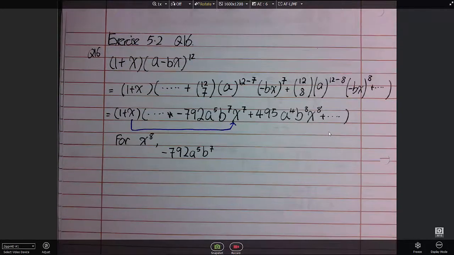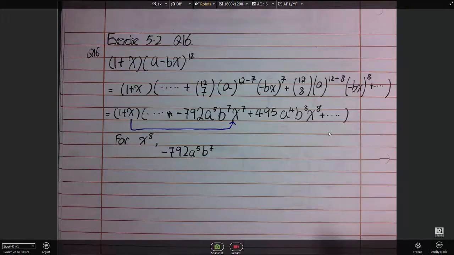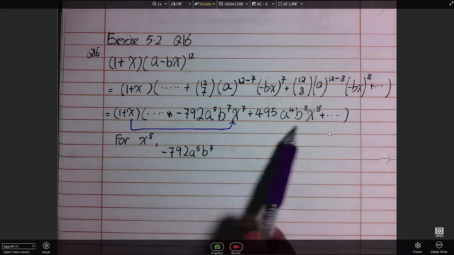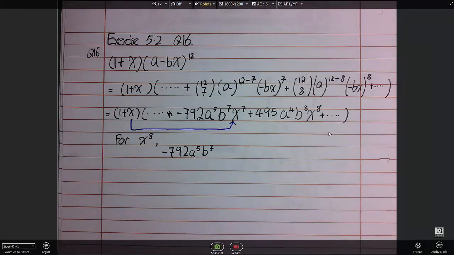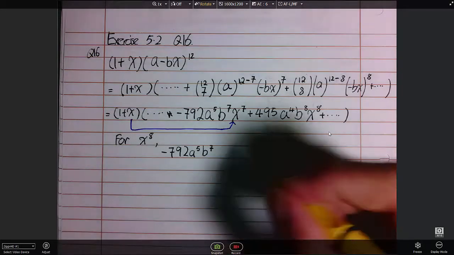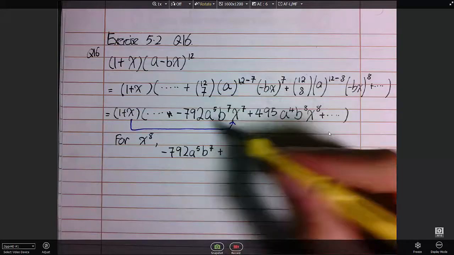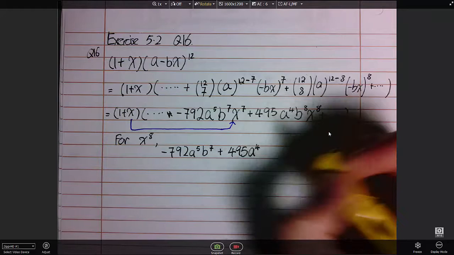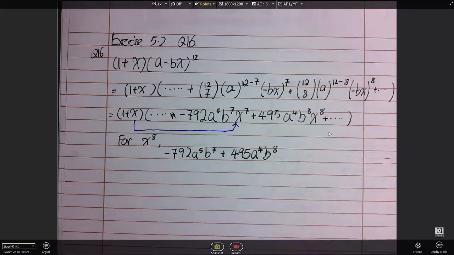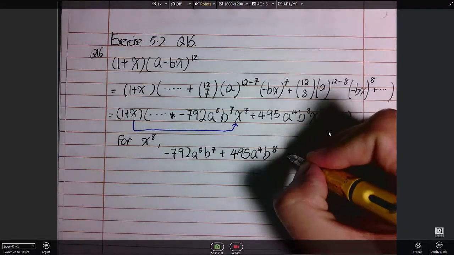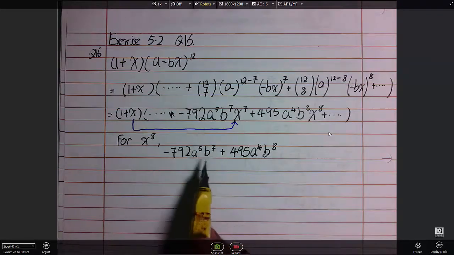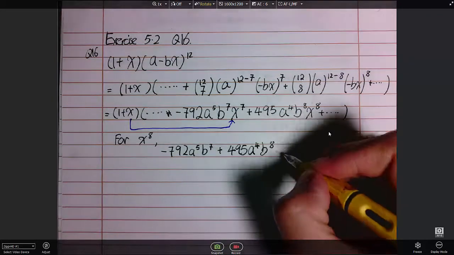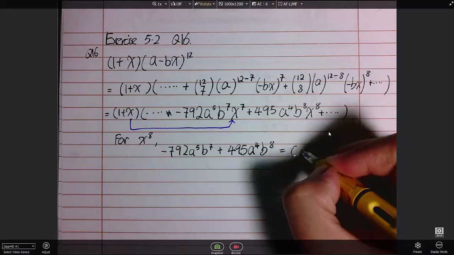Now the other term that can give me x to the power of 8 is 1 times this term here. So that will contribute to the coefficient of x to the power of 8. So it's plus 1 times 495 a to the power of 4, b to the power of 8. And in the question, they tell you that the coefficient of x to the power of 8 is 0. So this coefficient will be equal to 0.